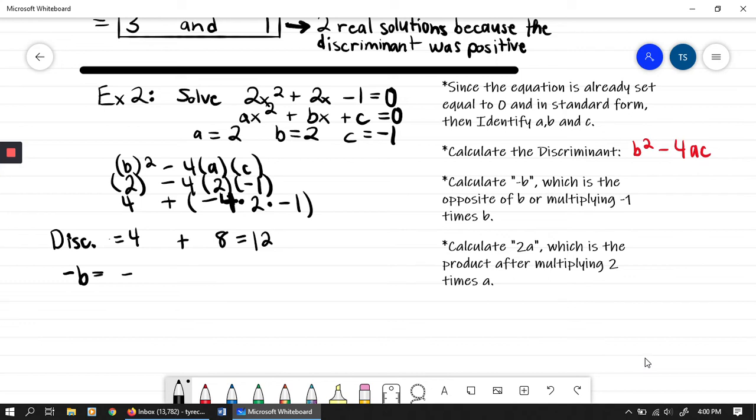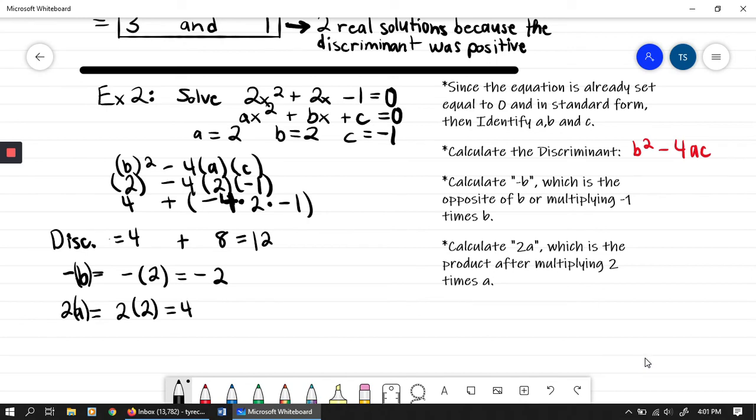So the opposite of b, again, it's like we're multiplying -1 times b, so that's -2, and then 2a is us multiplying a times 2, or in this case 2 times 2, which gives us 4. So we've identified those three parts.